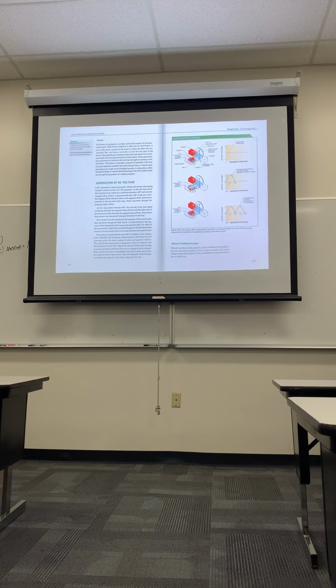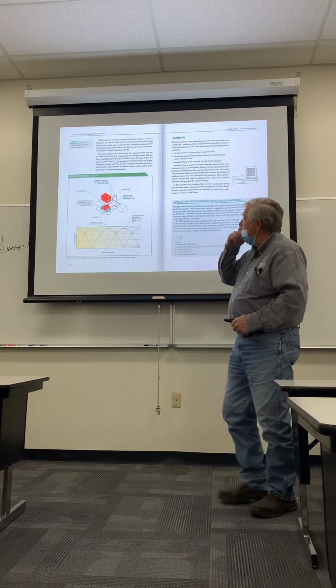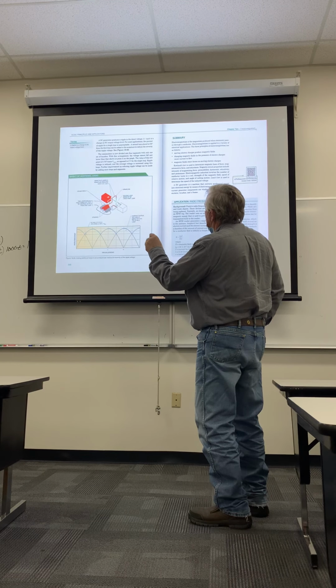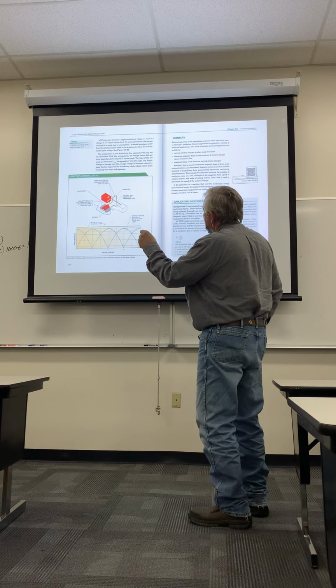That's just one phase. So what if we add 3 phases? What if we add another lobe to it, another conductor to it? So now you have this conductor here, and you have this conductor here, both on the same armature, and they're turning at the same time through these lines of magnetic flux.